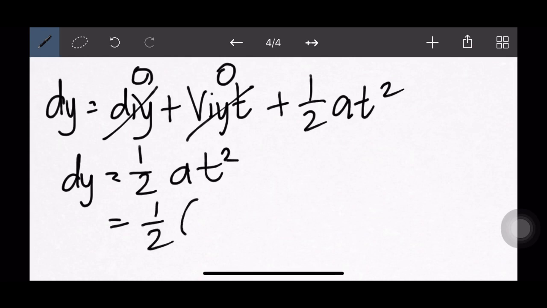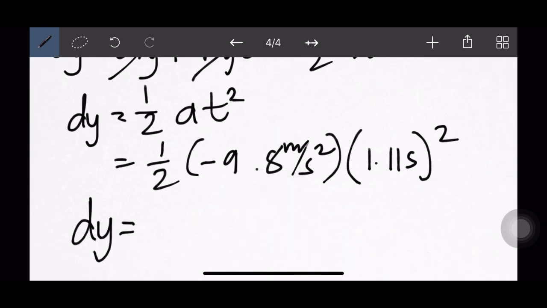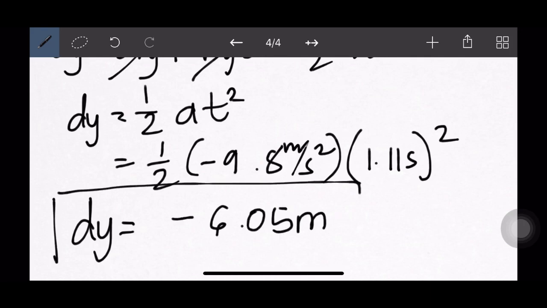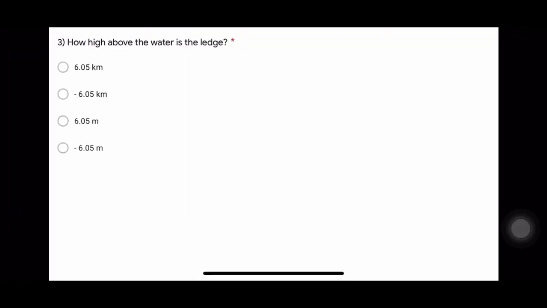So we have 1/2, that's negative 9.8 meters per second squared multiplied by the time that we've solved earlier. So we have here the dy value, which is negative 6.05 meters. Again, the negative value stands for the fact that the object is going downwards. That is why we placed here negative 9.8 as well. Okay, so the final answer is negative 6.05 meters.